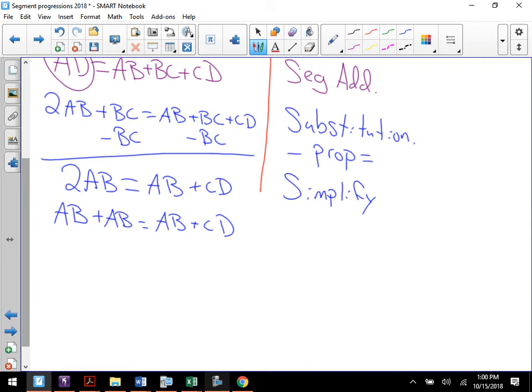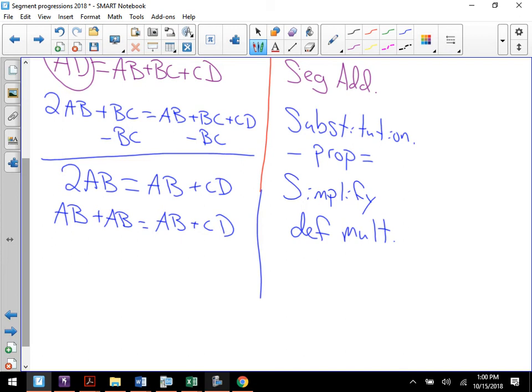That's why we put that in a square a minute ago. When you rewrite something from the 2AB or 2XY or 7AB or whatever, when you go from multiplication just showing that it's repeated addition, that's literally the definition of multiplication. That's why we put it in that square. Okay? It's not multiplication property of equality. You're not multiplying the same thing anywhere. You just rewrote it. Okay?